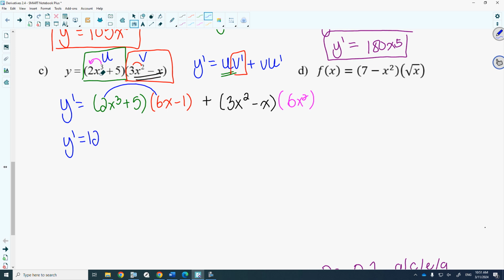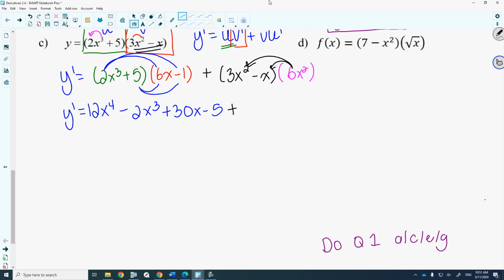So we'll get 12x to the 4 minus 2x cubed plus 30x minus 5 plus, let's expand this out, and we'll get 18x to the 4 minus 6x to the 3.